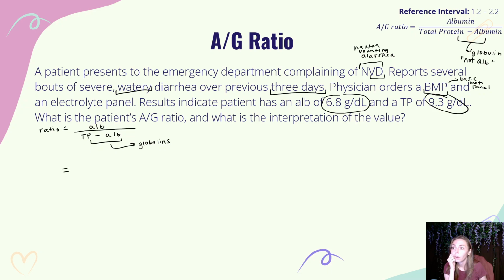So our albumin value is 6.8 grams per deciliter over 9.3 minus 6.8 grams per deciliter, which is going to simplify down to 6.8 grams per deciliter over 9.3 minus 6.8, 2.5.